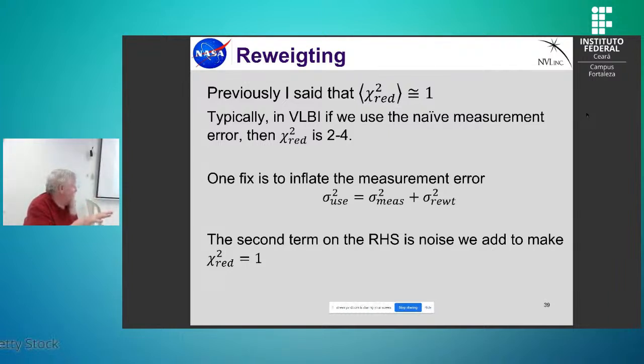Now, why should our estimate of the noise be wrong? Well, the estimate of the noise that we use depends on just the thermal noise. So it's like what the uncertainty is of a given observation. But it doesn't take into account the fact that there are other sources of error. So let me give you an example.